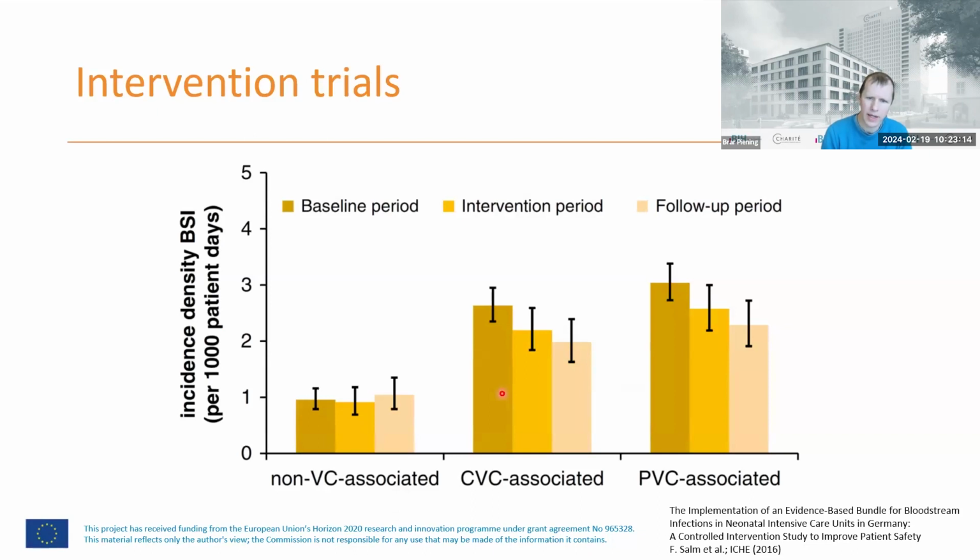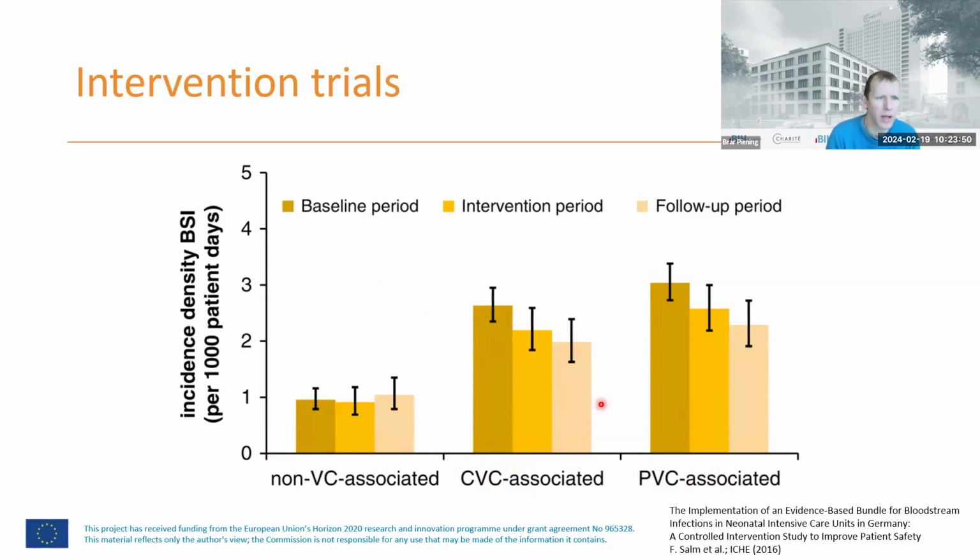We implemented an evidence-based bundle for bloodstream infections. This was the period after Pronovost, when infection prevention control bundles were the newest, hottest thing. And then we implemented a bundle for bloodstream infections, and then observed the CVC, central line associated, the peripheral vascular catheter associated, and the not vascular catheter associated bloodstream infections over time.